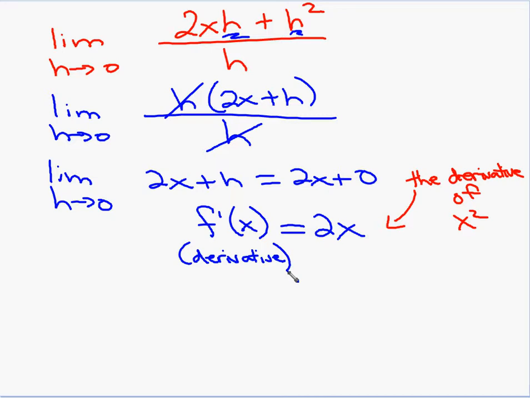But there's a bunch of names that we give the derivative, and here is, I think, the most important one. I think the most important name for the derivative is the general slope function.